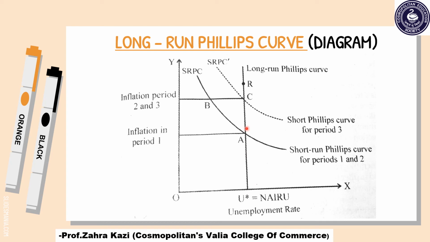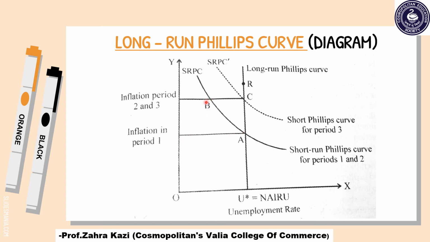Further, in period 2, you will understand that it is because of economic expansion that the unemployment rate has now reduced. Correct? The unemployment rate was at NIRU. It has now reduced, leading to an increase in inflation. So earlier the inflation was at this level.